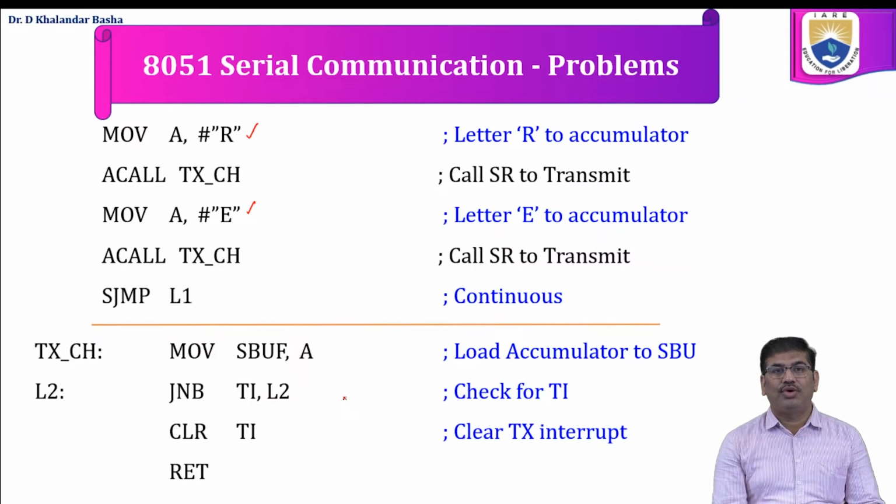Otherwise, you can terminate the program. In the subroutine TXCH, we write MOV SBUF, A; JNB TI, L2; CLR TI; then the RET instruction, which is for return from the subroutine. So now the program execution returns from the subroutine to the main program.